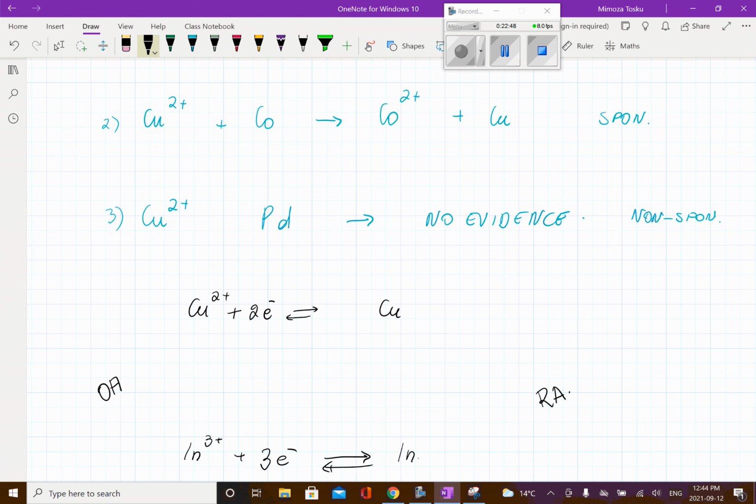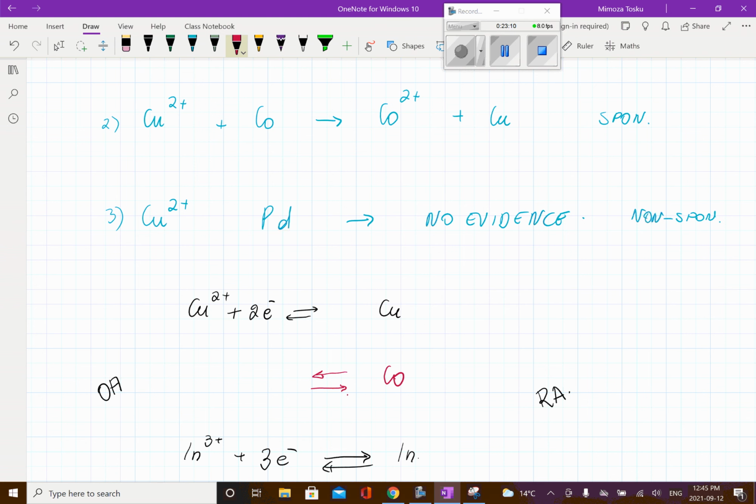So now we have cobalt and copper. Copper 2 plus and cobalt are reacting together because we see evidence of the reaction. That means that cobalt is below copper 2 plus, so cobalt will be somewhere in here.